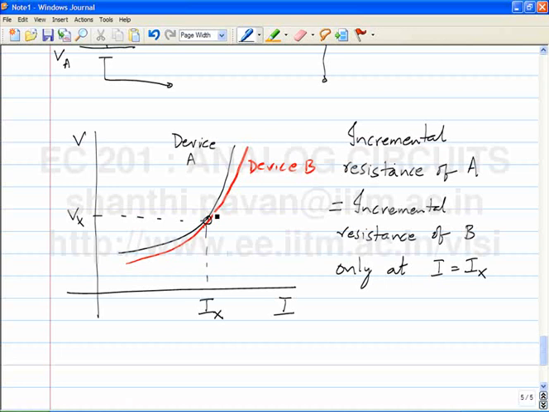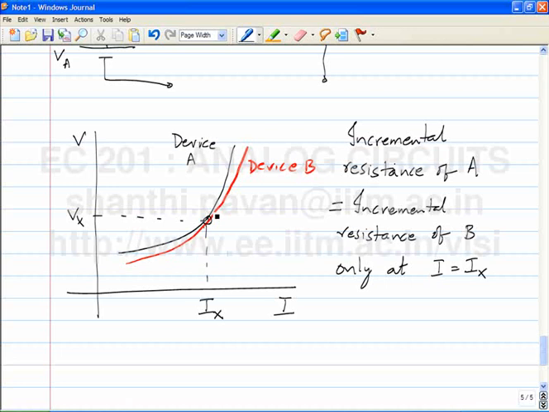A larger signal will qualify as a small signal for device B when compared to a small signal for device A. And why is this so? You can see that the curvature of device A at Ix is much more than the curvature for device B at Ix.